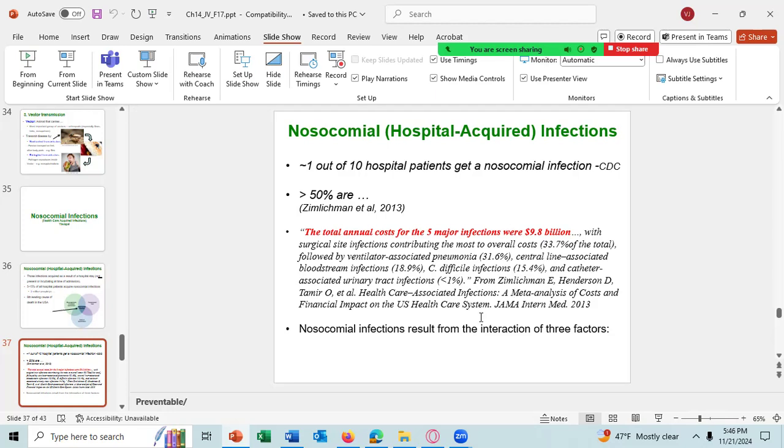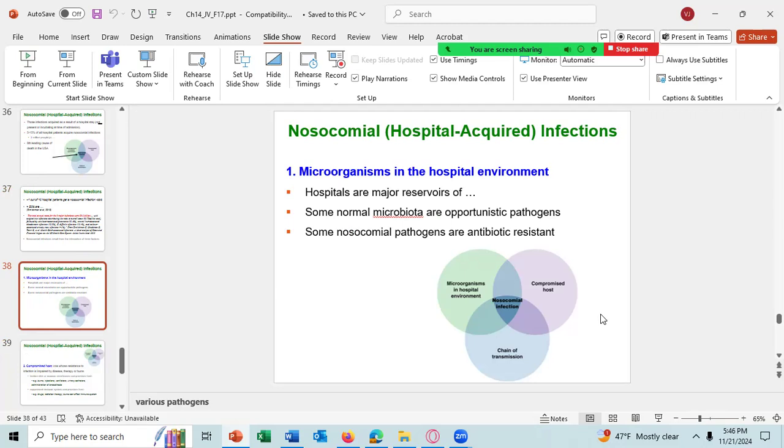Nosocomial infections in a hospital-like setting result from the interaction of 3 factors occurring in the hospital. First, there are microorganisms in the hospital environment. Hospitals are a major reservoir of various pathogens because they have sick people in them, and these sick people can have the microorganisms, some of which can cause a nosocomial infection.